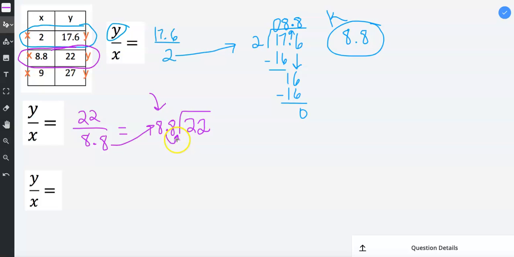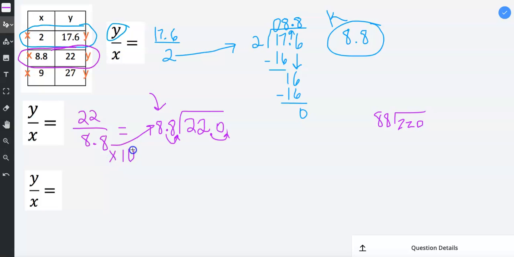If I move this decimal over once to the right, I need to move the 22's decimal over once to the right. And I'm going to actually have to add a 0 in this extra space that was created. So this becomes 88 on the outside and 220 on the inside. Basically, the idea is that to get rid of the decimal, we multiplied by 10.